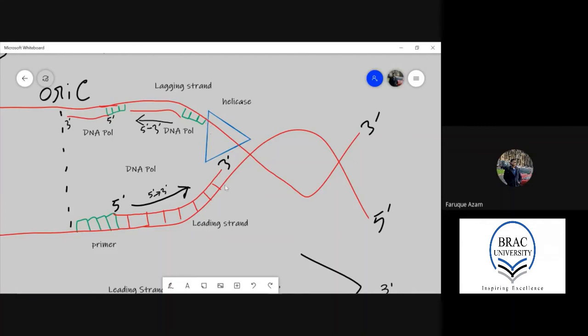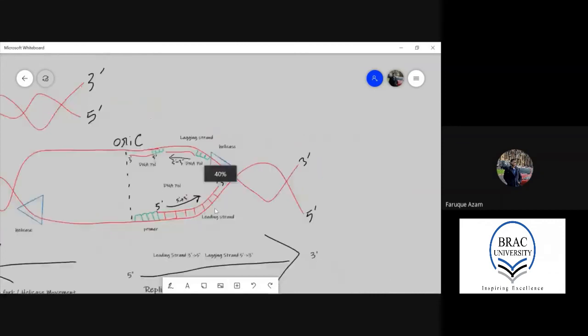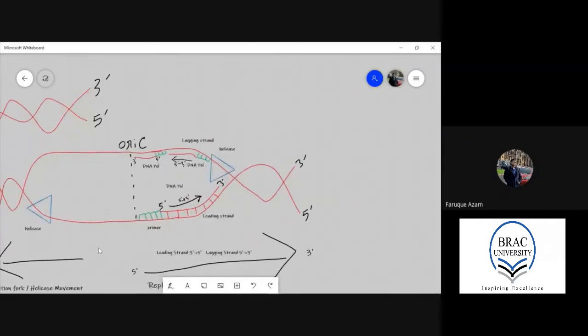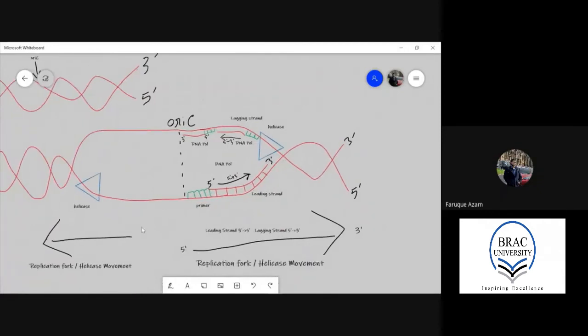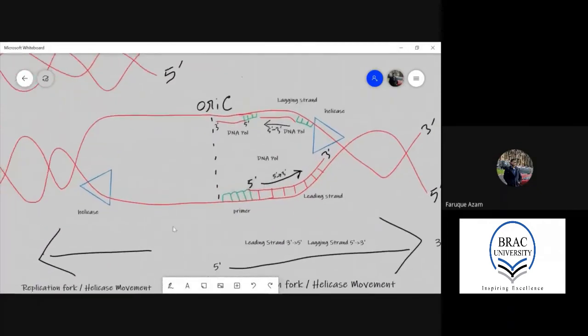But in the leading strand there will be no empty spaces, because as the replication fork goes, the leading strand will continuously go forward along with the helicase enzyme of the replication fork. But this continuity is not possible in the lagging strand. So this is mainly the replication at the leading strand and the replication at the lagging strand.